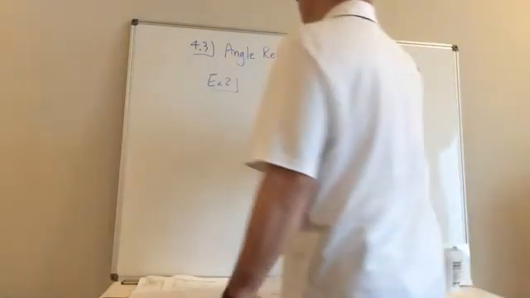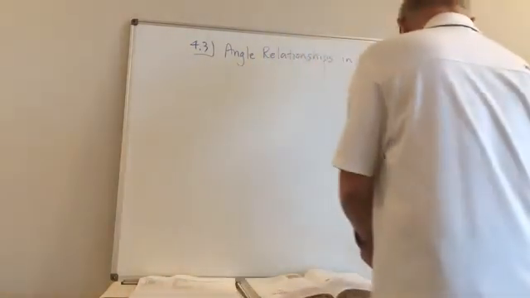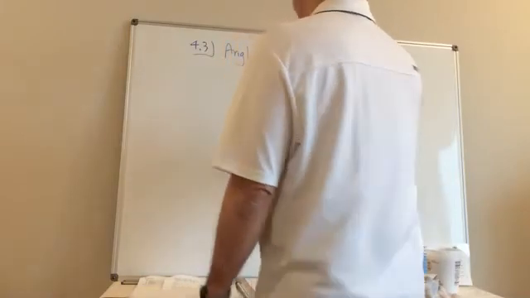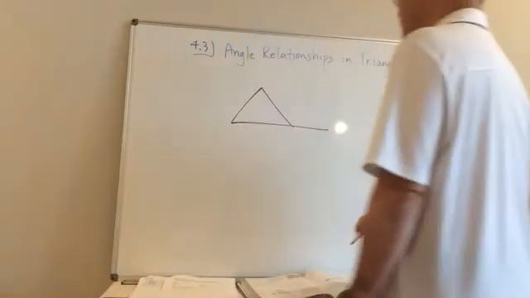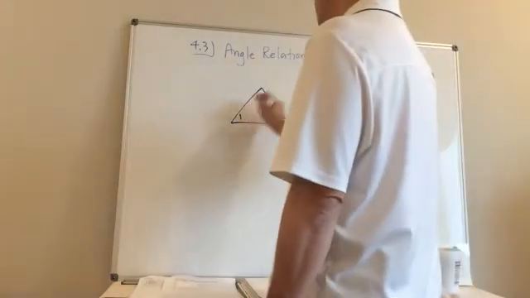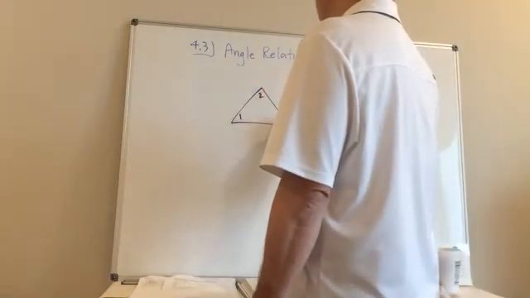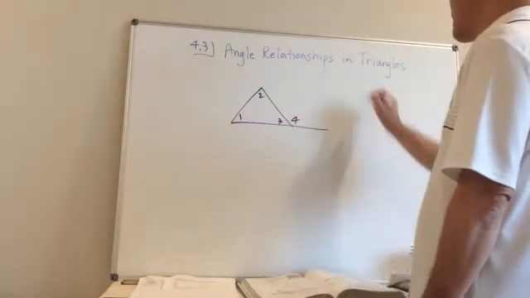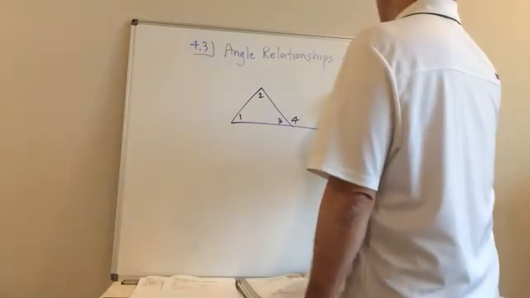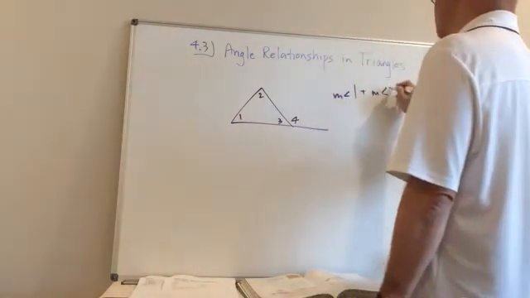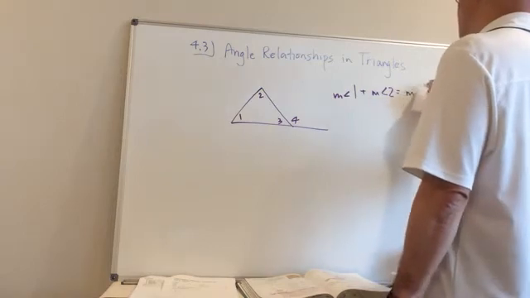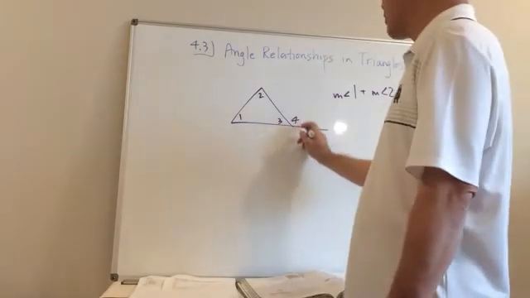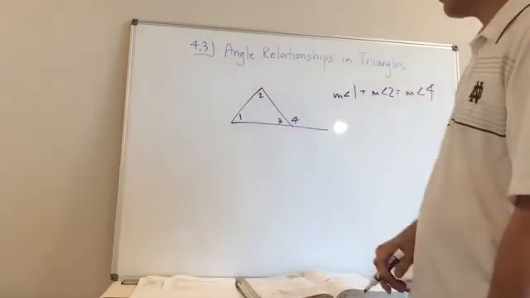This says that if I have a triangle that looks like this, with angle 1, angle 2, angle 3, and this obtuse angle 4, then angle measure 1 plus angle measure 2 is going to be the same as angle measure 4, what we call the exterior angle of the triangle.